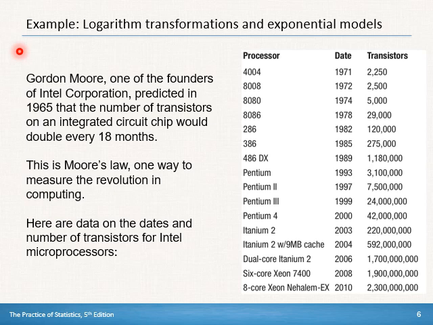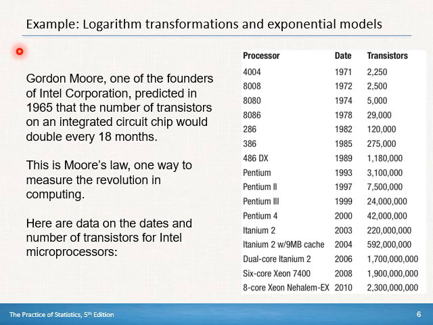Okay, so we're looking at an example using exponential growth. Gordon Moore is one of the founders of the Intel Corporation, and he predicted in 1965 that the number of transistors on integrated circuit chips, this is a measure of processing power for computers, would double every 18 months.